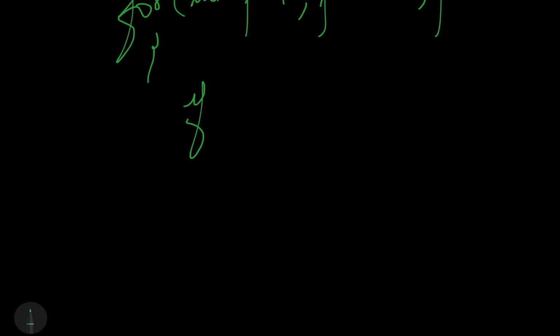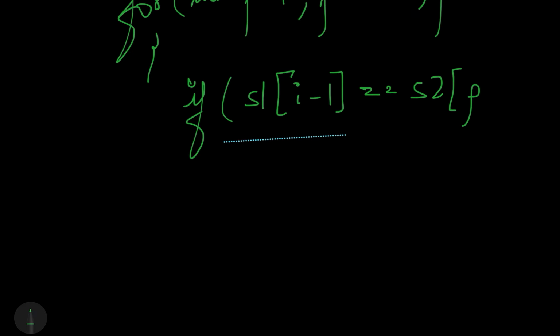Now if our characters match, then we can keep that character in our final string, because at the end we have to make them the same, so a similar character can be there.